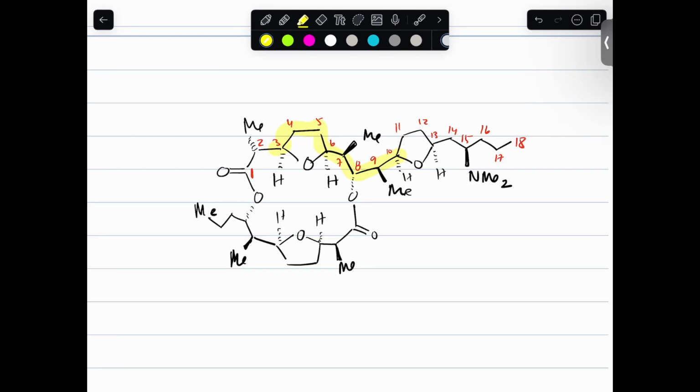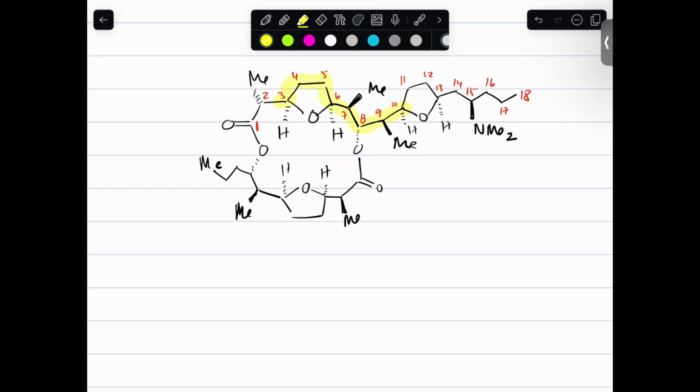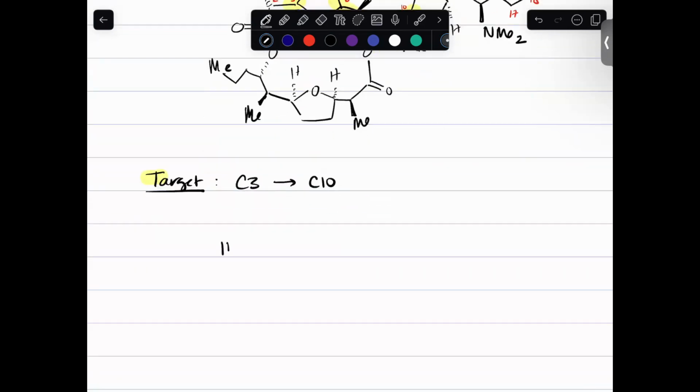Okay. And so if you go back, what you'll notice is that he breaks the molecule from carbons 3 to carbon 10. And so his target structure is from carbon 3 to carbon 10. And he breaks it down so that it looks as follows. Oh, excuse me. Let me redraw it.